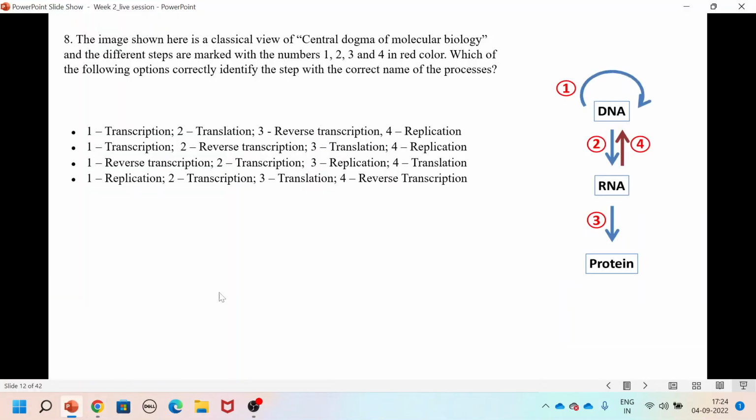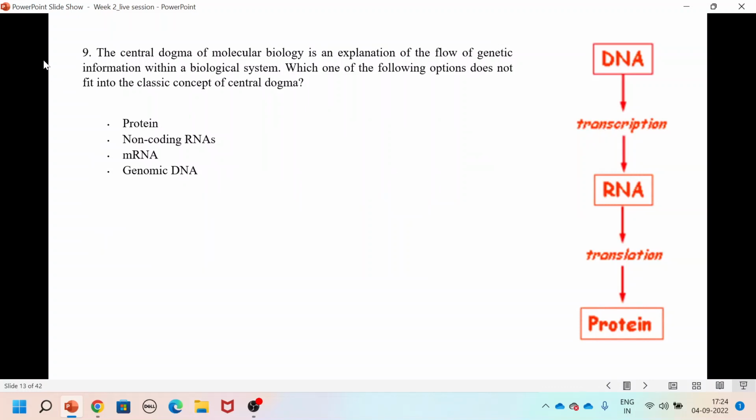Rightly said, option D is correct. Number one shows the replication of the DNA. Number two shows the DNA getting transcribed into RNA by the process of transcription. Third is the RNA getting translated into the protein, and the fourth process is reverse transcription, where RNA gets converted into cDNA. The next question.